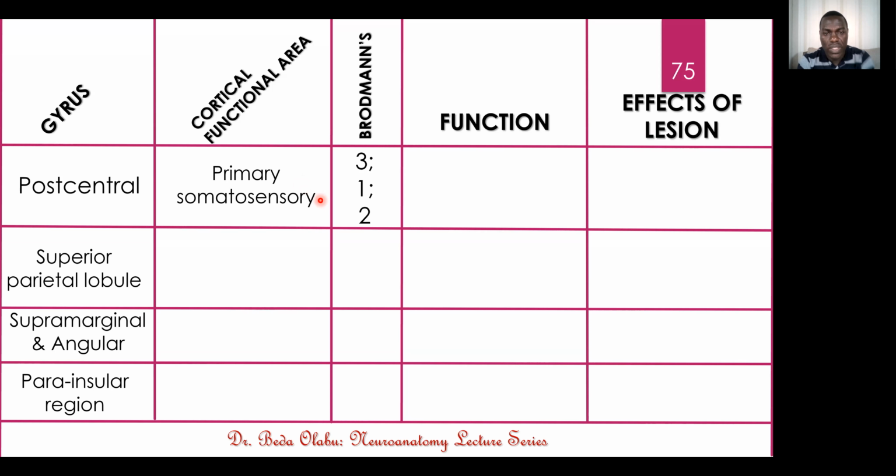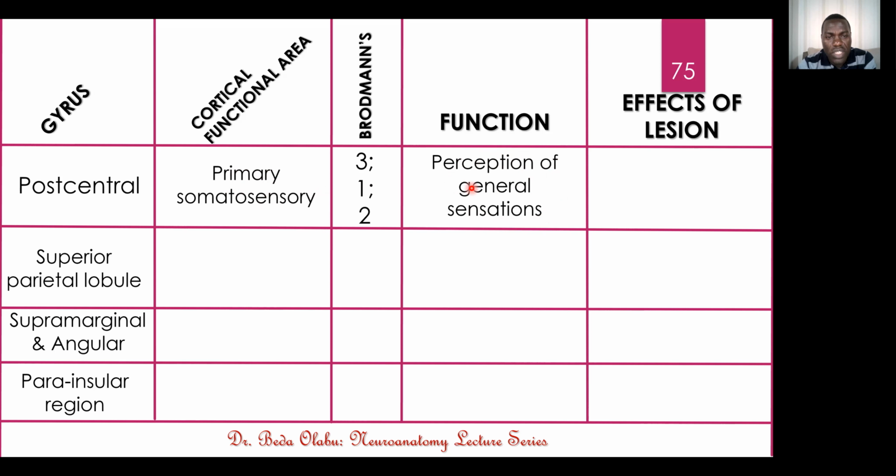The primary somatosensory cortex is Brodmann's areas 3, 1, and 2. This region of the cerebral cortex is responsible for perception of general sensations. We clarified that general sensations mean things like pain, temperature, touch, pressure, vibration, proprioception. They are perceived on this region of the brain.